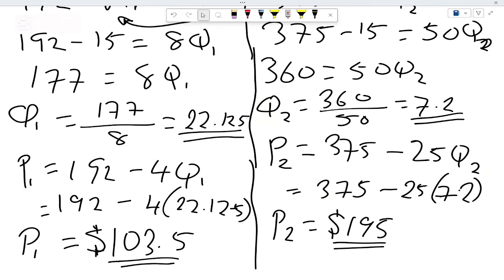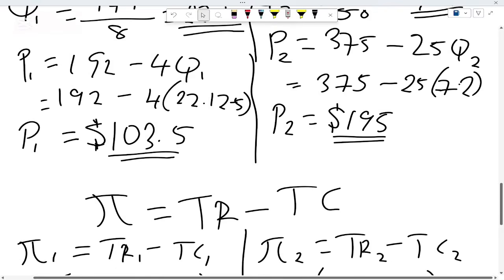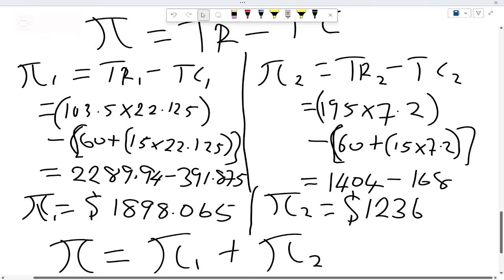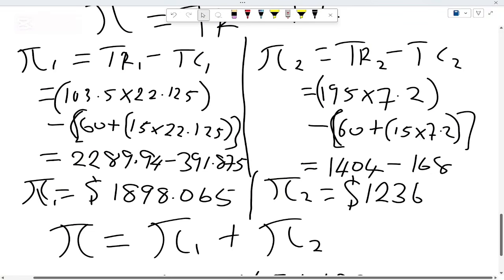Meanwhile, at $195. So now going down to the profit, the profit in the first market is large, but that is because 22.125 units were sold. The profit for the second market is not that large, because only 7.2 units were sold.